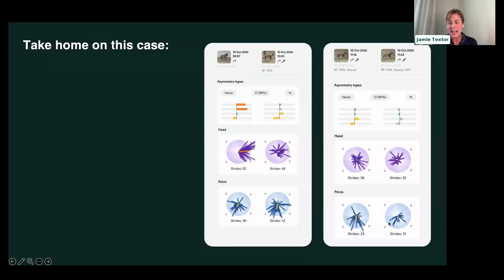And again, now we've got a reduction for sure in this left hind asymmetry. Okay, did we get elimination? No, we did not. But there was a large portion of this horse's hind limb asymmetry that was clearly compensatory from the right front lameness. Okay, and interestingly, here's an example of a case where sometimes we have not just multi-limb, but one limb multi-problem, right?